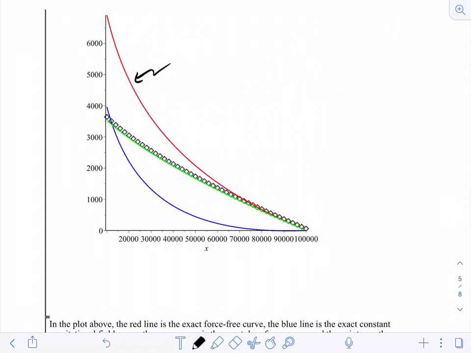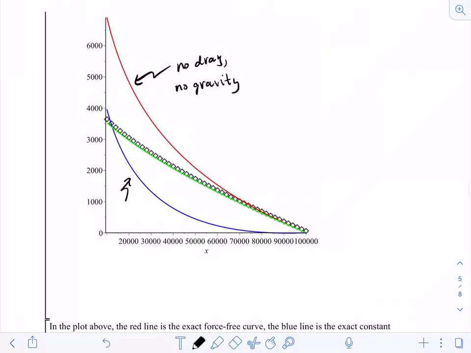And so this is no drag, no gravity. This is no drag, but gravity is on. And this one is no gravity, but drag is on.